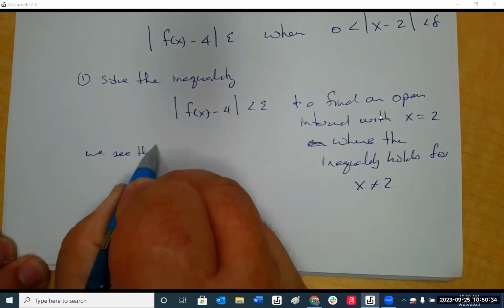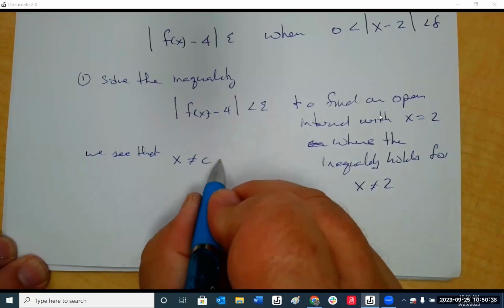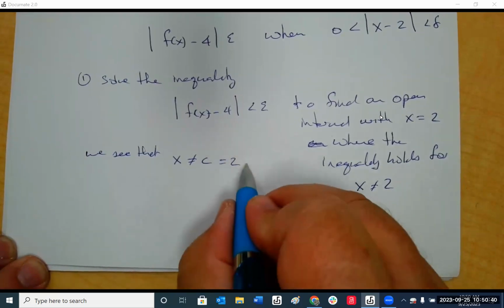We see that x does not equal c when x equals 2.